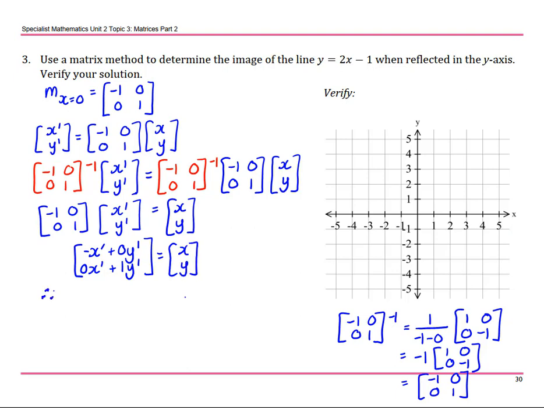So therefore, x equals negative image of x and y equals the image of y. So if y equals 2x minus 1, plug that in. Image of y equals 2 lots of negative x minus 1. Image of y equals negative 2 image of x minus 1, and that's our new equation.